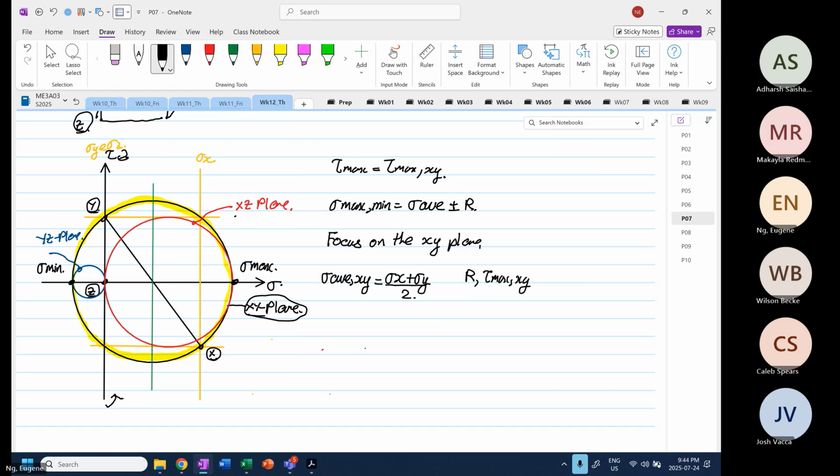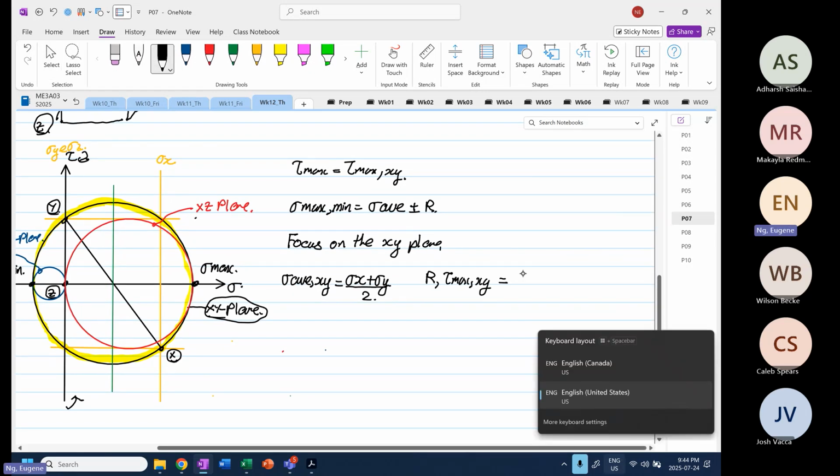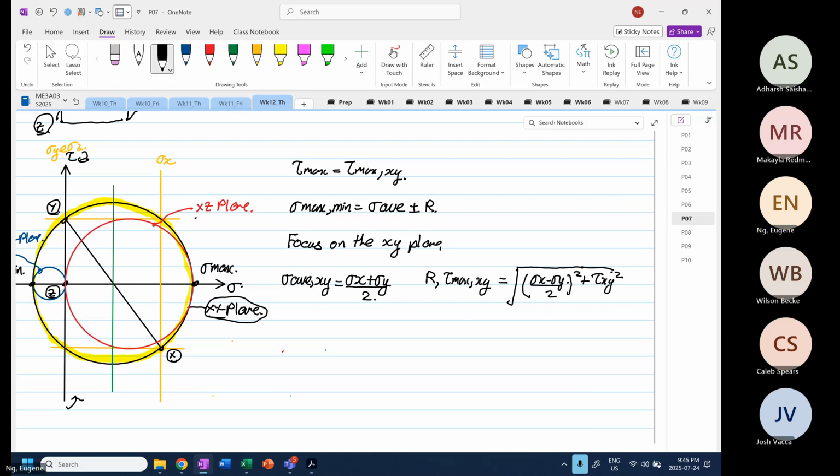So for this case, this will be equal to, again, your stress x minus stress y, divided by 2 squared, plus the shear xy squared.